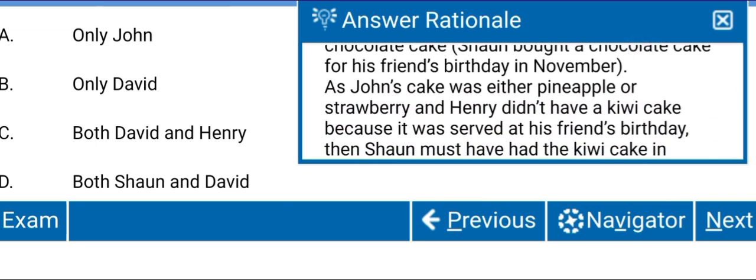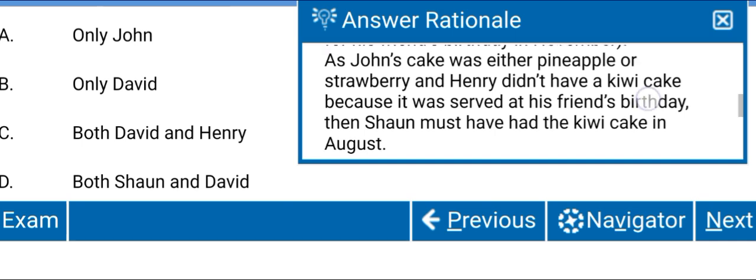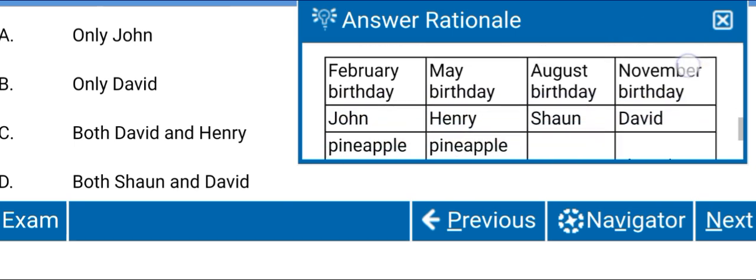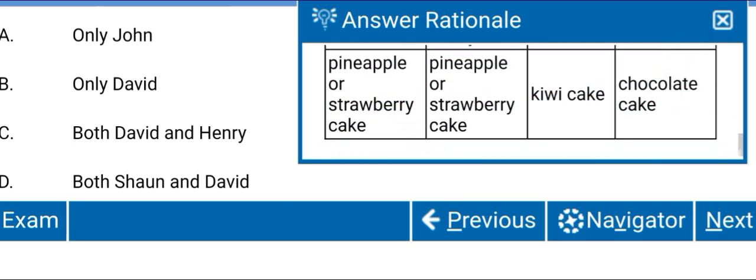As John's cake was either pineapple or strawberry, and Henry didn't have a kiwi cake because it was served at his friend's birthday, then Sean must have had the kiwi cake in August. So here we have a table from which you can conclude your answer easily.